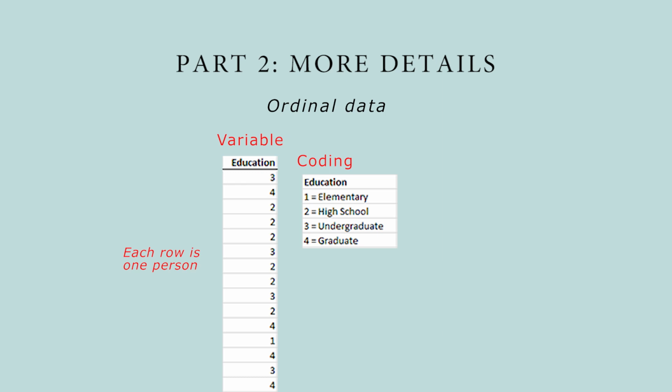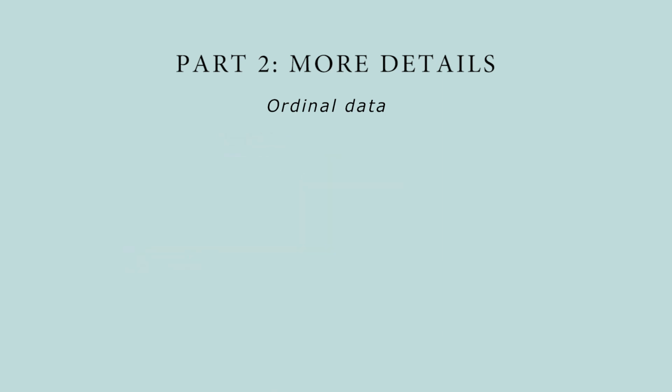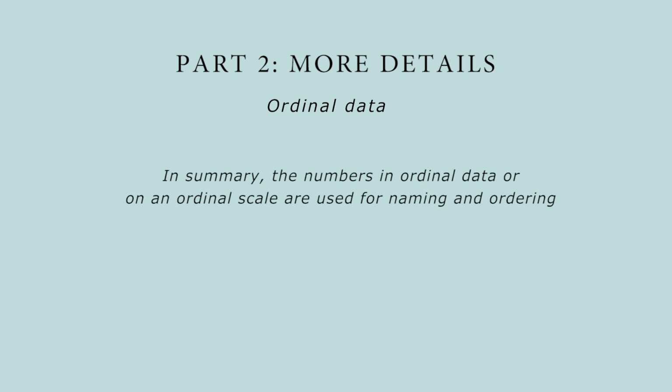For example, the digits 1 and 4 regarding people's educational backgrounds doesn't provide any information about the interval or the distance between elementary and grade school. All we know is that there's some sort of rank order. In summary, the numbers in ordinal data or on an ordinal scale are used for naming and ordering.